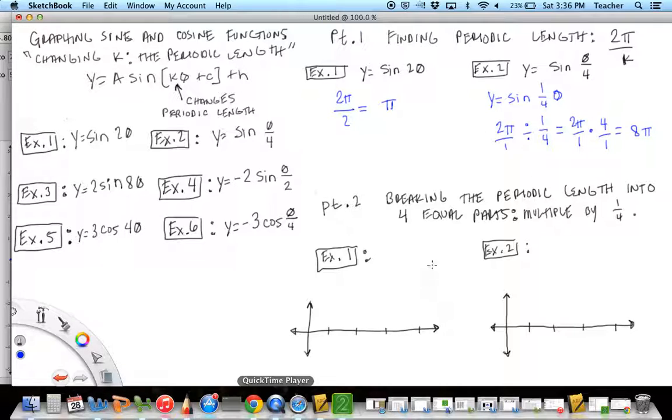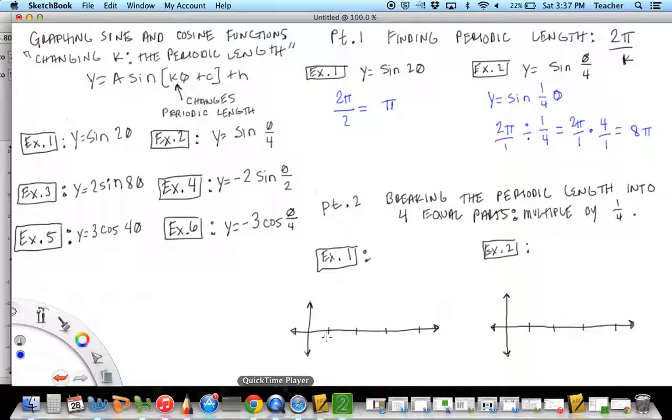So now, like we did in the last video, we know that a basic sine and cosine function is broken into 4 parts. In the case of the sine function, it starts at the midline, goes up to its highest point, or if it's negative, the lowest point, back through the midline, to the lowest point, and back up. So it hits its critical points and goes through the midlines, okay? So we break it up into 4 parts.